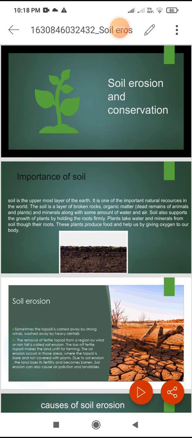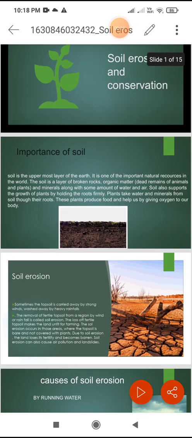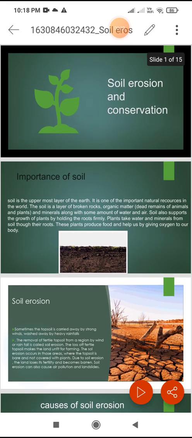It is providing optimum conditions for growth of plants, and foods like cereals, pulses, fruits, and vegetables we are getting are growing from the soil. And soil helps in storage of water. Underground water can be stored in the soil, and it is also acting like a natural filter tank.